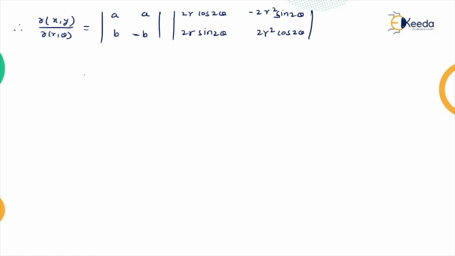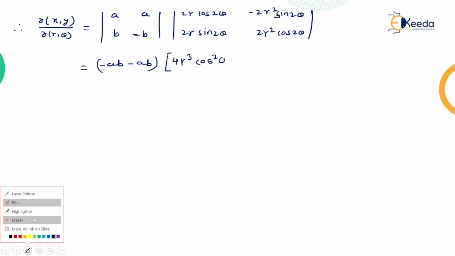Therefore simplifying this determinant, this is equal to minus ab in the first bracket. In the second bracket, that is 2r³ is there. So 2 into 2, that is 4, that is 4r³ into cos² 2θ. So the angle is 2θ.